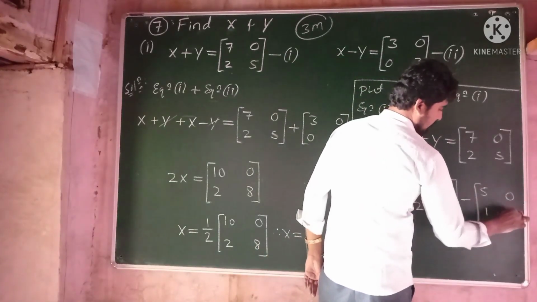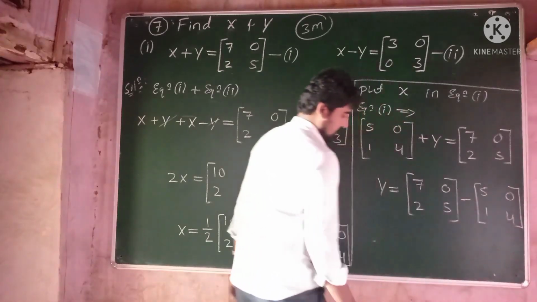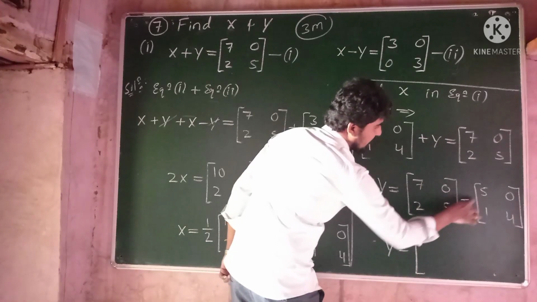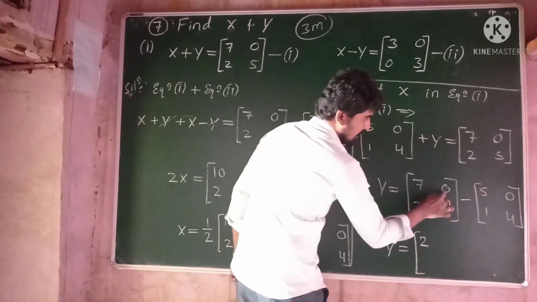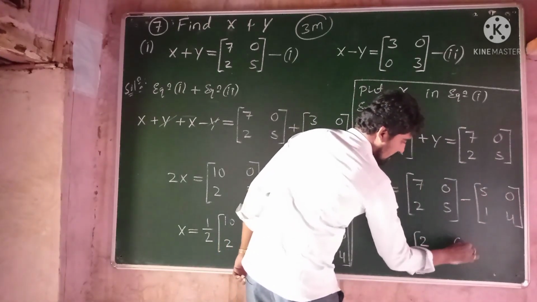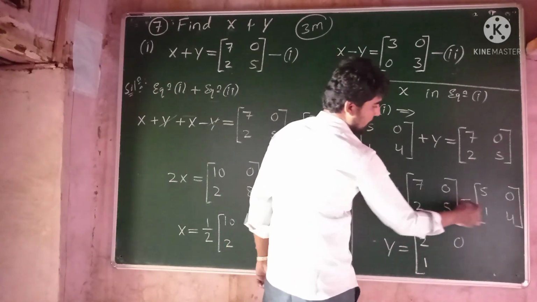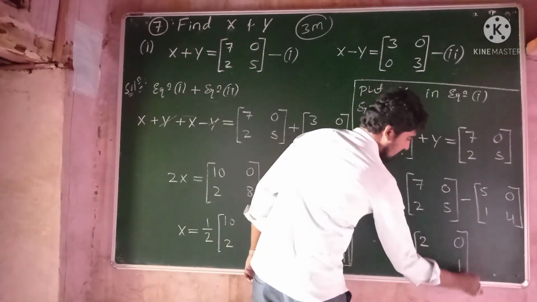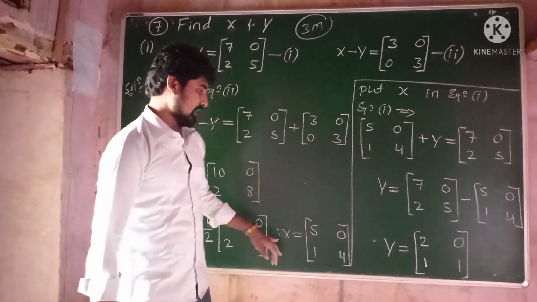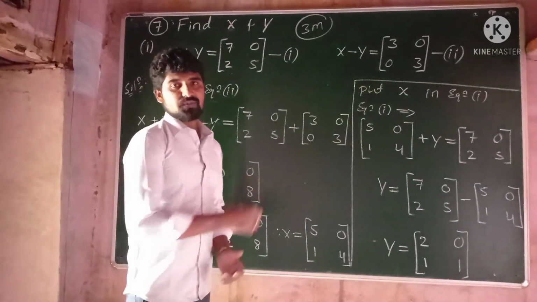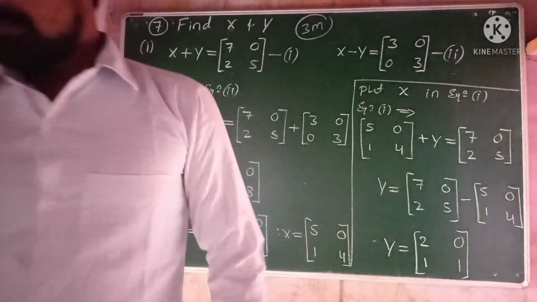Therefore matrix Y equals 7 minus 5 is 2, 0 minus 0 is 0, 2 minus 1 is 1, 5 minus 4 is 1. So these are the required matrix X and matrix Y. I hope all of you understood. If possible, take a note.